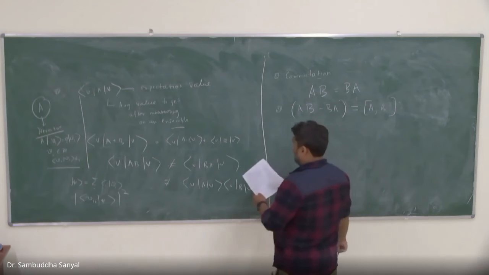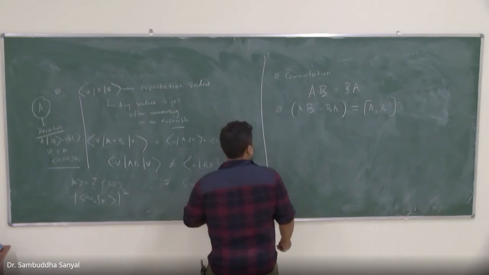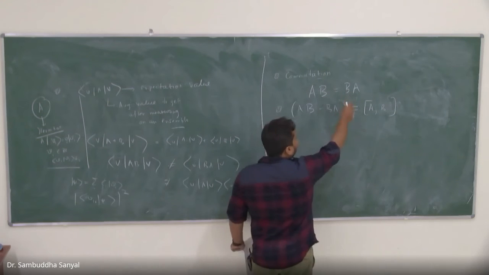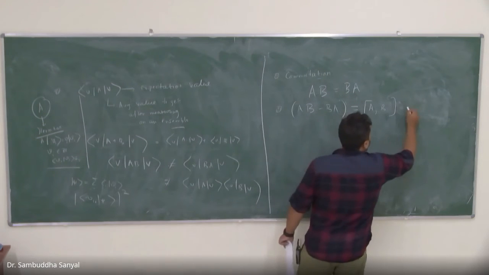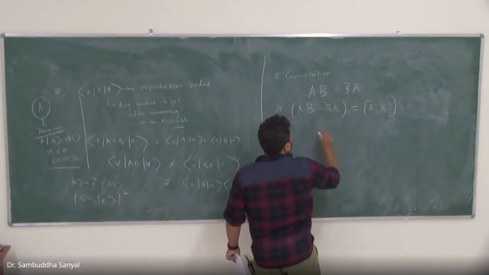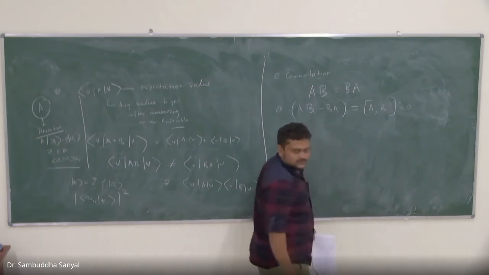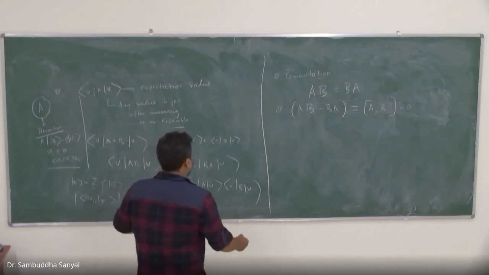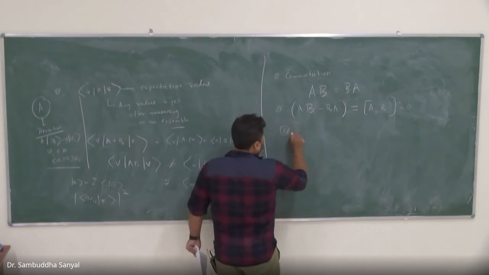This is an operator called the commutator. If AB is equal to BA, then it is just 0. But if they are not equal, then it is non-zero, and then it's a meaningful object.